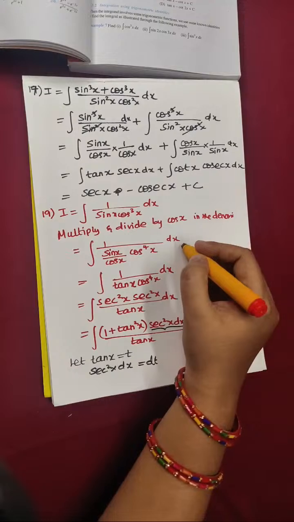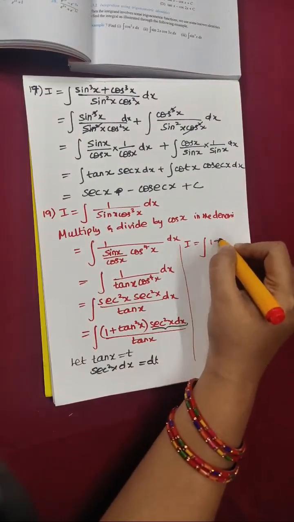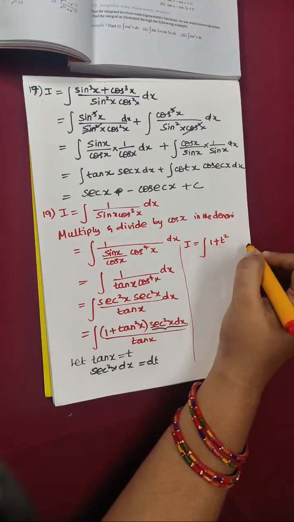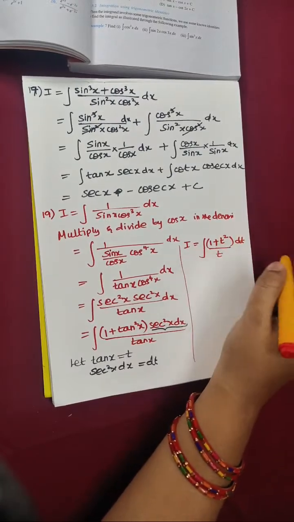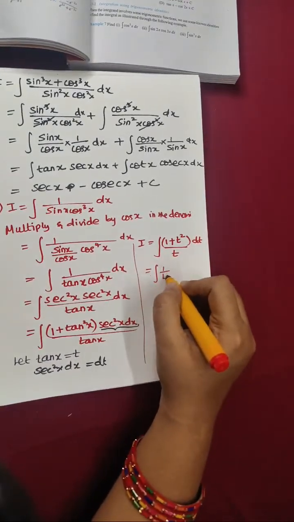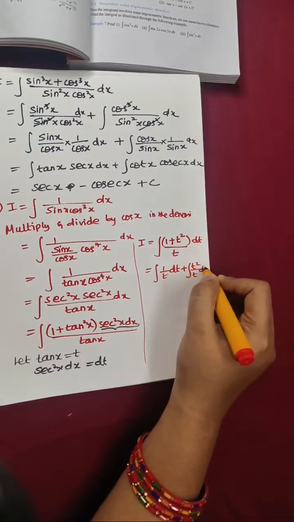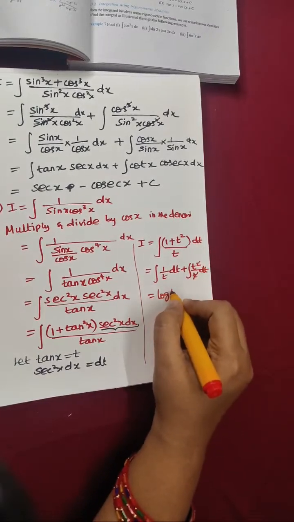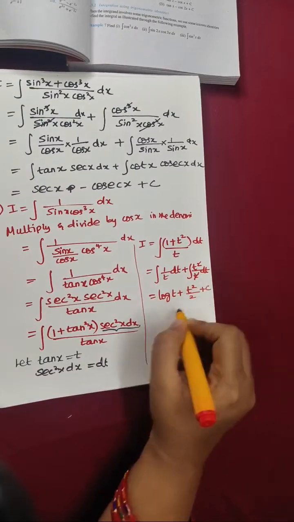So this given question can be written as I equal to integral 1 plus tan x is t, so it is 1 plus t square, secant square dx is dt, the whole by tan x as t. Now we can split the terms, so it is 1 by t dt plus t square by t dt. t gets cancelled. 1 by t integration is log t, and t integration is t square by 2 plus c.